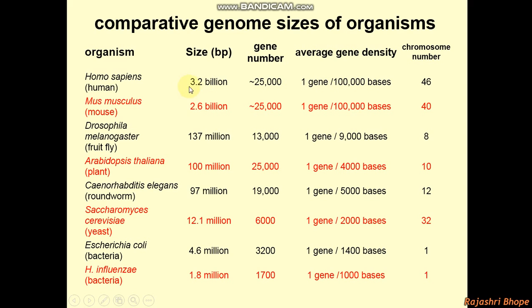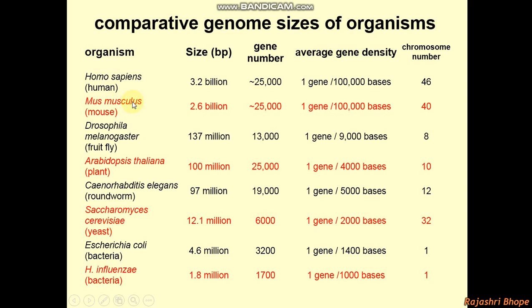See, the human genome size is very large compared to the number of genes present on it. Size is larger, but the number of genes present is very small. Only one gene is present per 100,000 bases. The number of chromosomes is 46, that is 23 pairs of chromosomes.